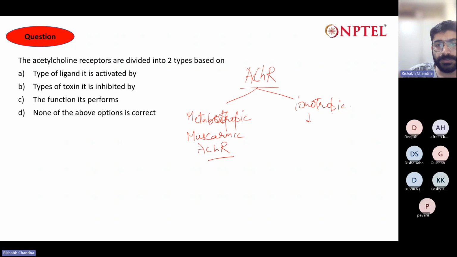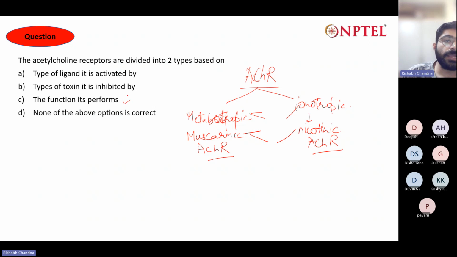And for this one, it's ionotropic nicotinic acetylcholine receptors. So these particular receptors are named based on their function as well as on the ligand they are bound to. Okay, so this is the function that they are performing, and this is the name of the ligand that they are being bound to.